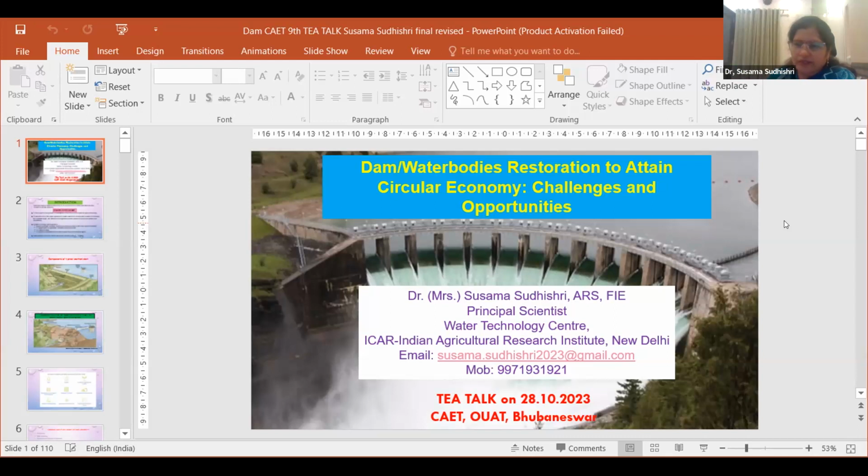Okay, catchment and command area ratio, that depends on what is the storage, how much to store in the upstream of the dam. So first is what is the catchment, how much to store here.